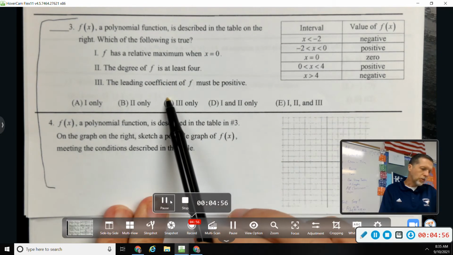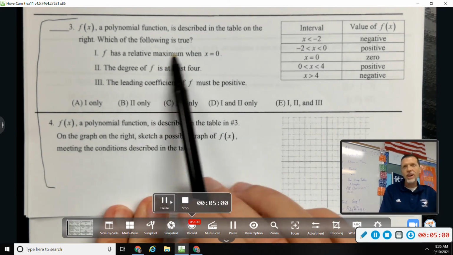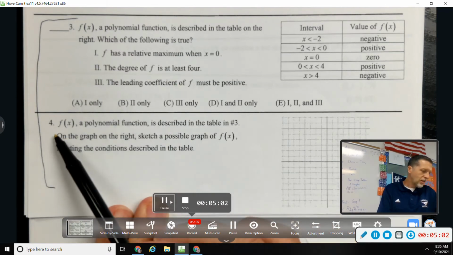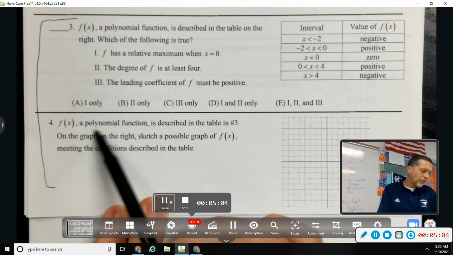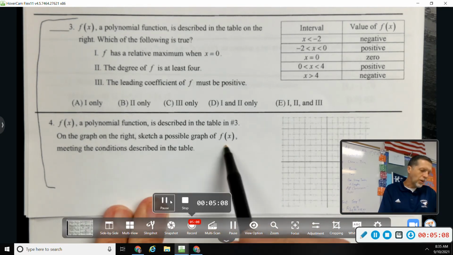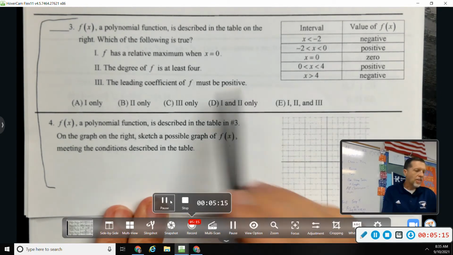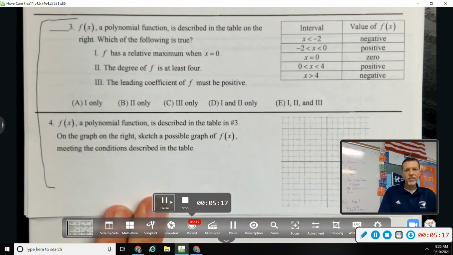Which of the following is true? It would be much easier to answer these questions if I had a picture to look at. Number 4. F of x is the graph described in Table 3. On the graph on the right, sketch a possible graph of f of x. So let's do number 4 first, and then we'll have a rough picture, and then I think it'll be easy to answer these questions.